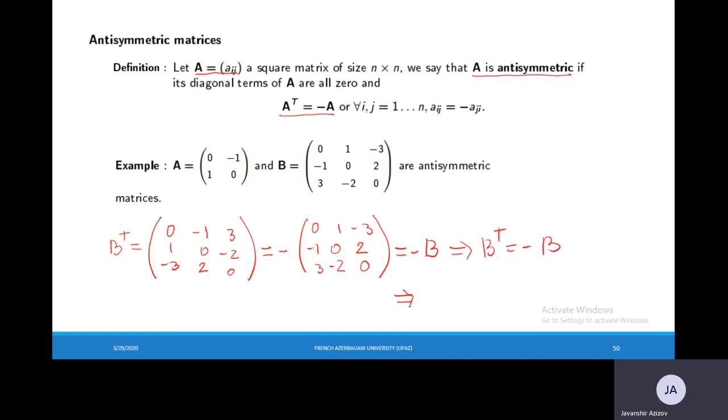Therefore, B is an antisymmetric matrix. That's it.